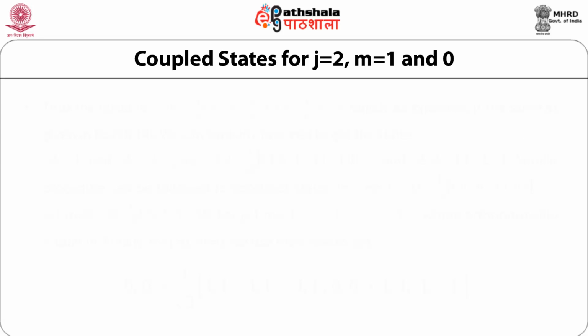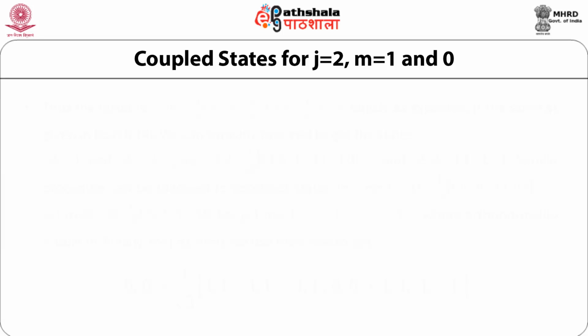Coupled states for the total angular momentum j equal to 2, 1 and 0. Now, we look at the case where the coupled states for the total angular momentum j equal to 2, 1 and 0 are being found out.